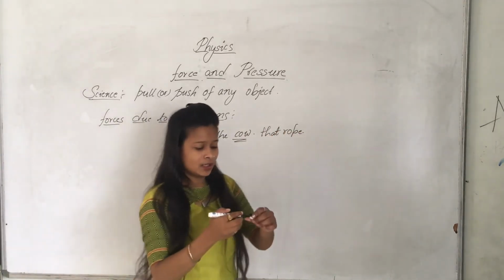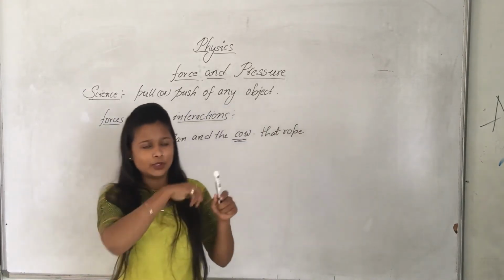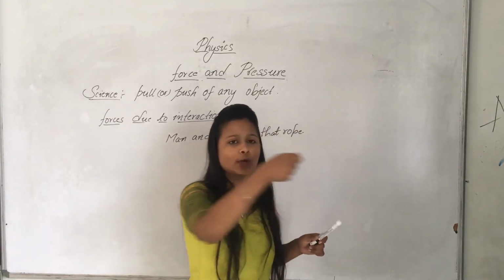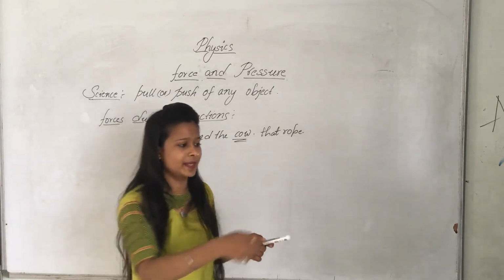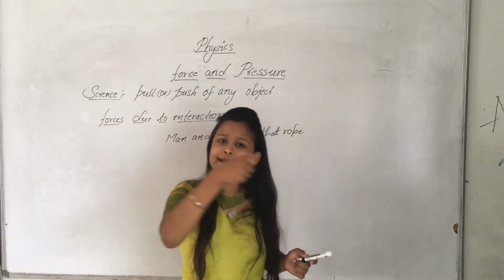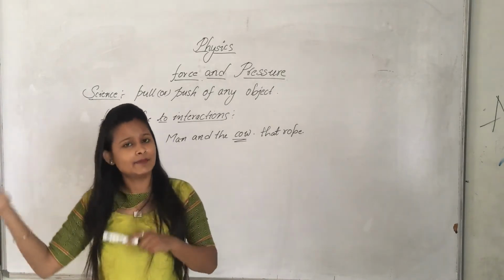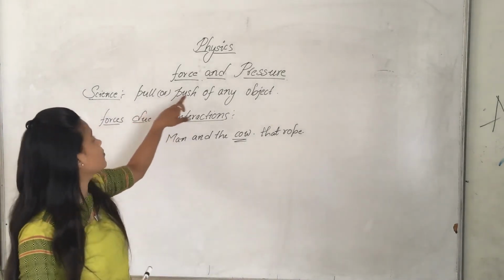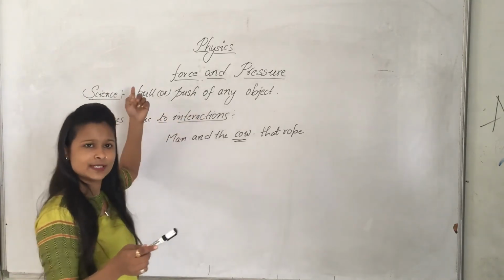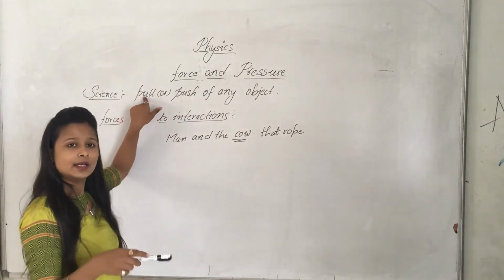You are tying a rope to the cow's neck and you want to pull the cow towards the garden or whatever it might be. You are pulling that cow towards something. As I already said, whether you pull or push, whatever it might be, it is a force. Pulling means it is a force.